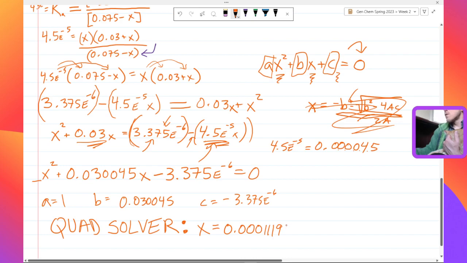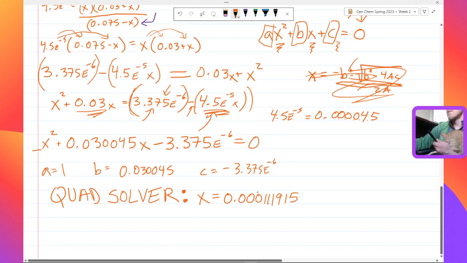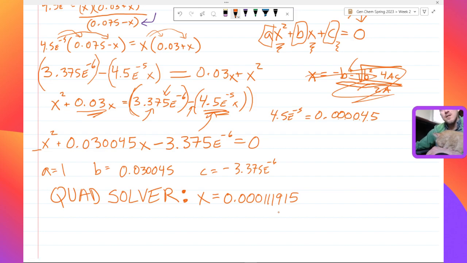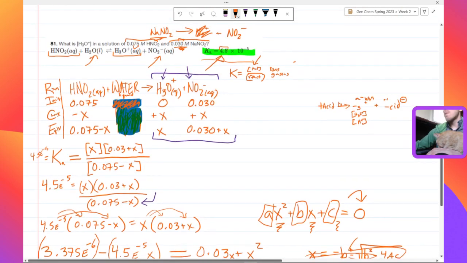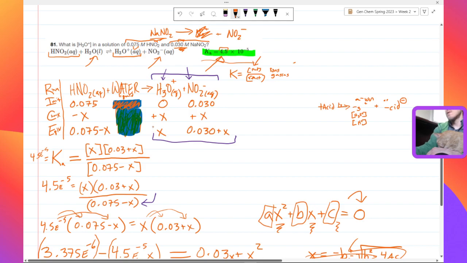Okay, so this is what I got when I practiced these problems last night, or that's what the quad solver told me. That's x. Okay, great, we solved for x. Wait, what class is this? This is chemistry. Why do we care about x? This is not algebra. X is the equilibrium concentration of hydronium ion.